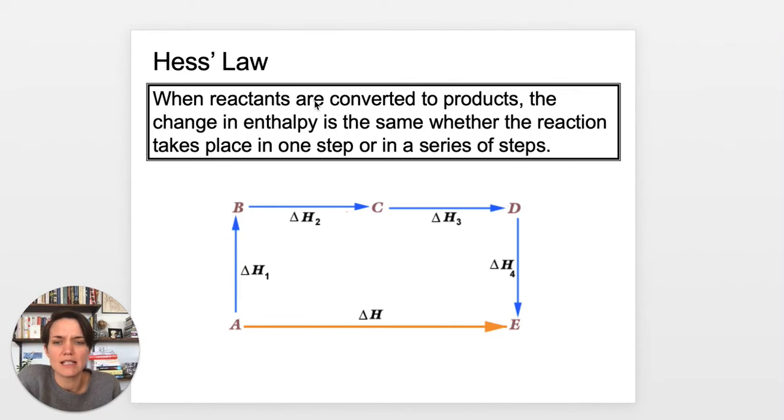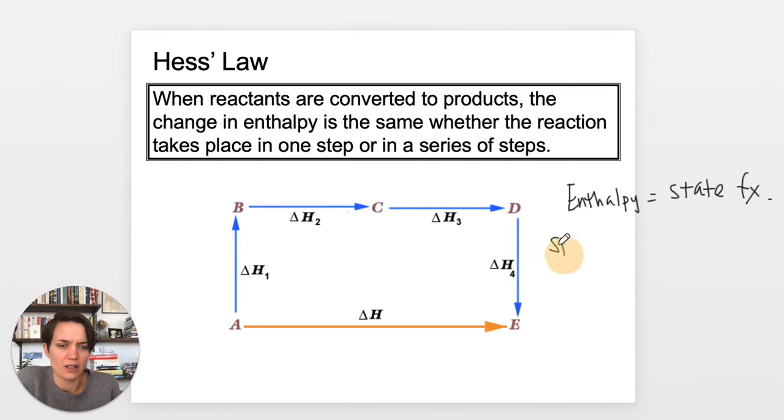Okay, so this gets us to a really cool relationship that is called Hess's Law, after the gentleman who experimentally proved it. And it states that when reactants are converted to products, the change in enthalpy is the same whether the reaction takes place in one step or a series of steps. Now that shouldn't be a groundbreaking revelation to us, because we've already been talking about the fact that enthalpy is a state function, right?